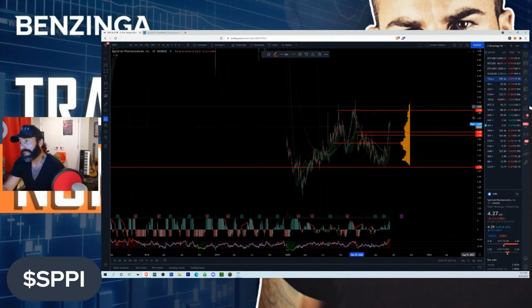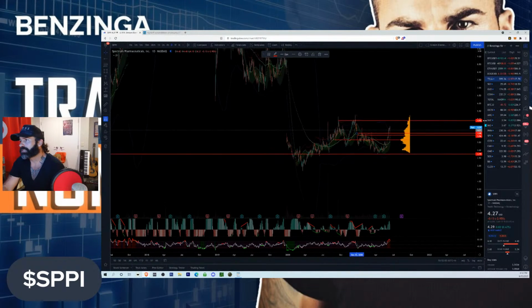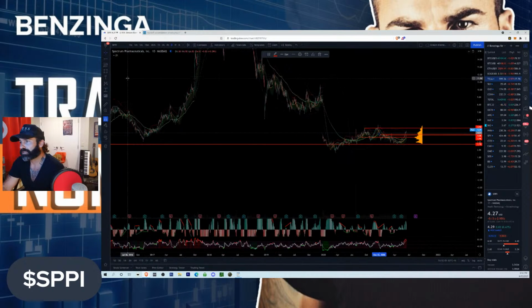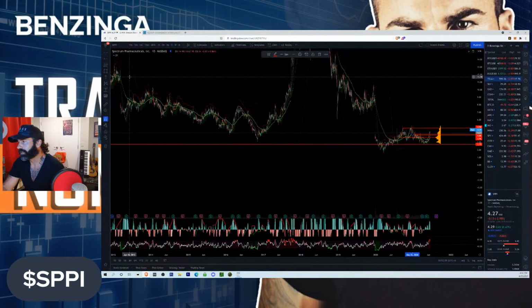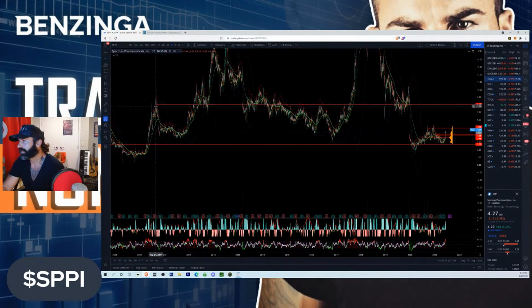Now, if you break above this zone here, that's where it would get real interesting for this asset, because your next major level up from there, you're probably looking up near $8, right?